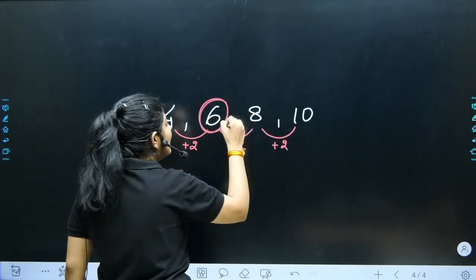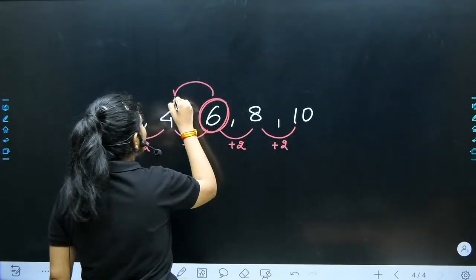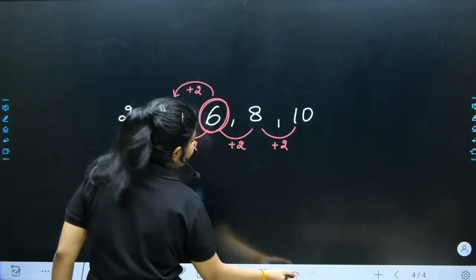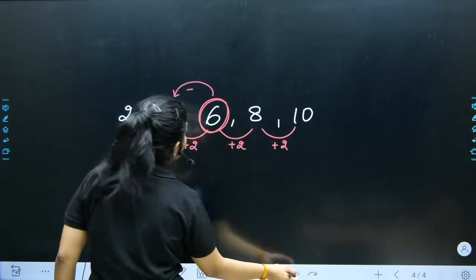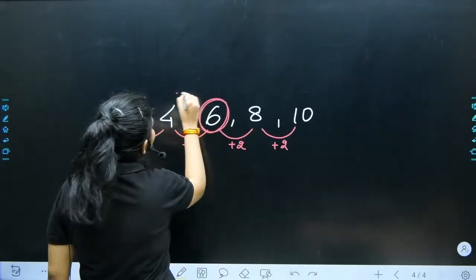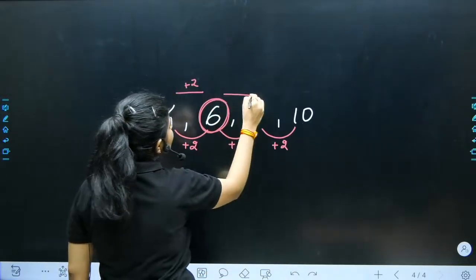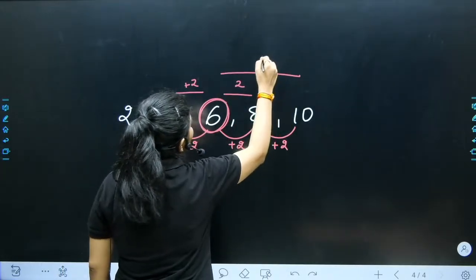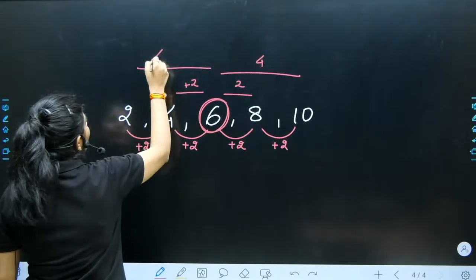There is a common difference between the terms, a gap of 2, and a gap of 4 over here.